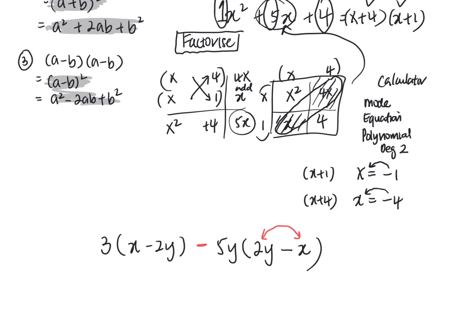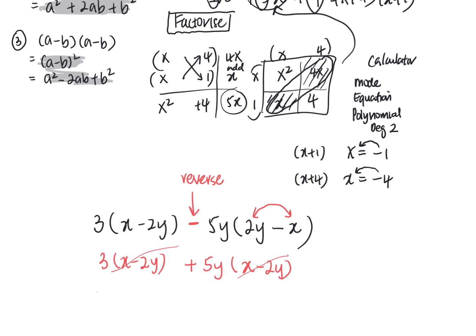When you swap this, remember you need to reverse the sign here. So if it's a plus, change to minus. If it's a minus, change to plus. Then this one you can write as x minus 2y. Then now you can take out the common factor, this whole piece. So you'll be left with 3 plus 5y.